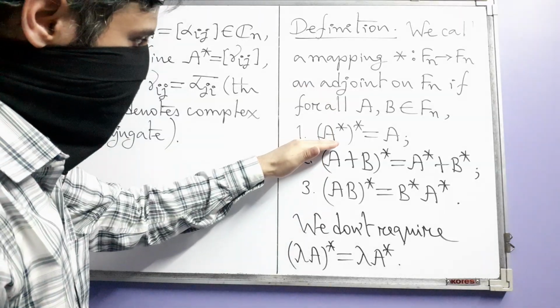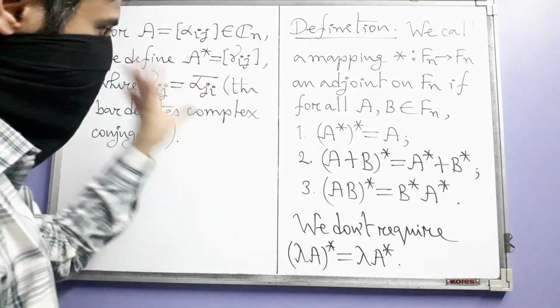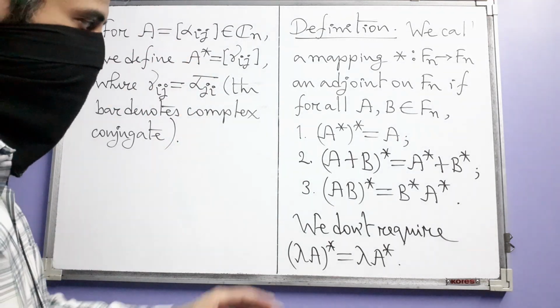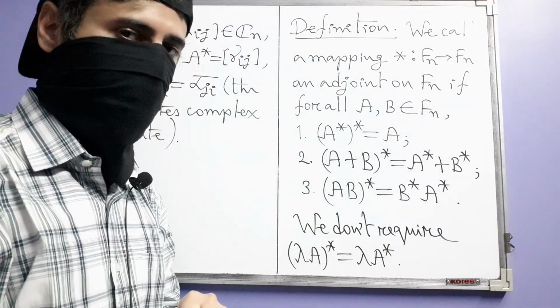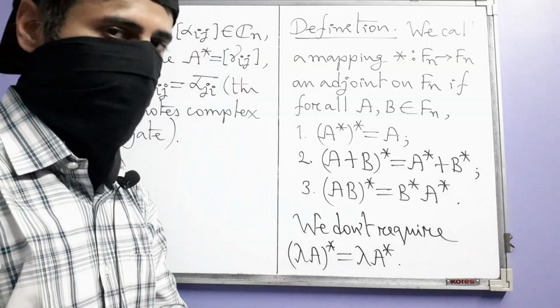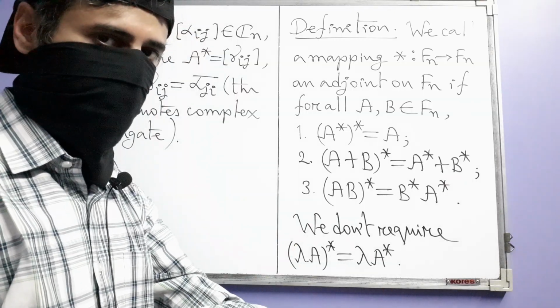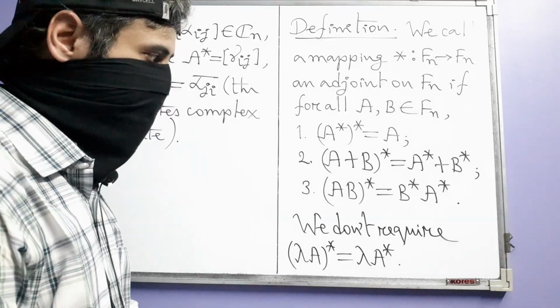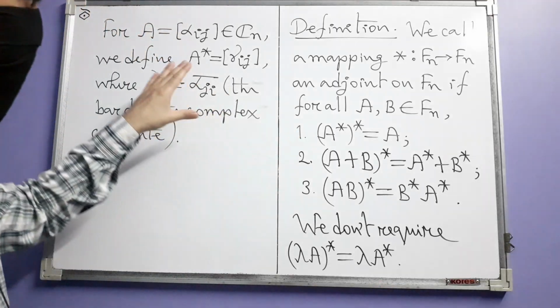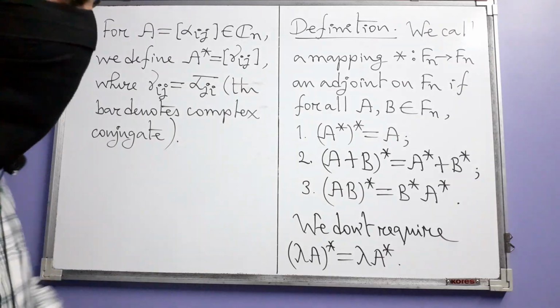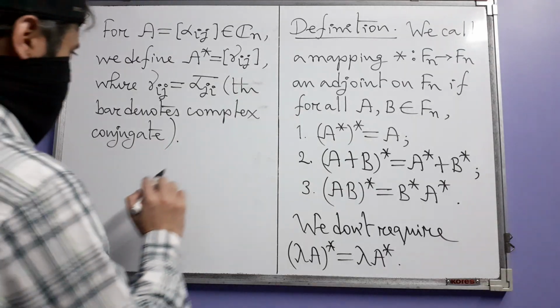You still have to see that these properties are true for this particular function, which is straightforward, and I am leaving that to you. If it is there in the exercises at the end of this section, then we will do it. Otherwise, I am leaving the verification that this is an adjoint on you.